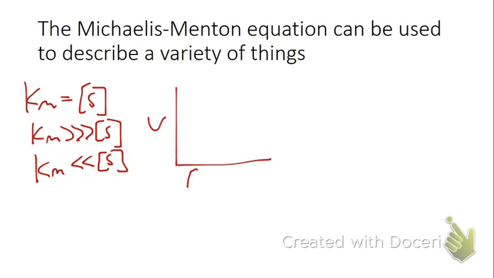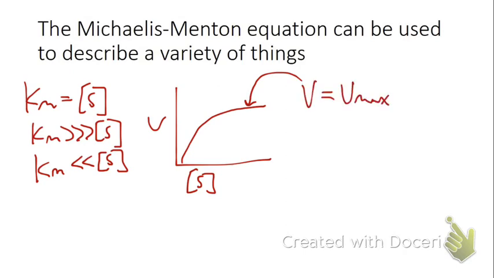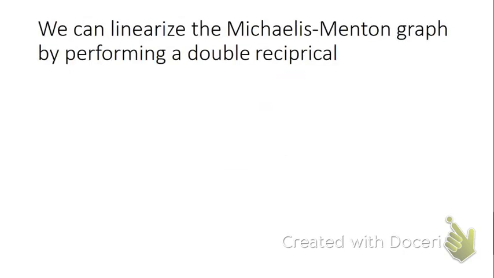If we look at our Michaelis-Menten equation, or our graph, when Km is much less than S, we are out here at saturation, where velocity is equal to Vmax. And so that's actually how we measure enzyme velocity, is we just overload the system with substrate and we measure Vmax.